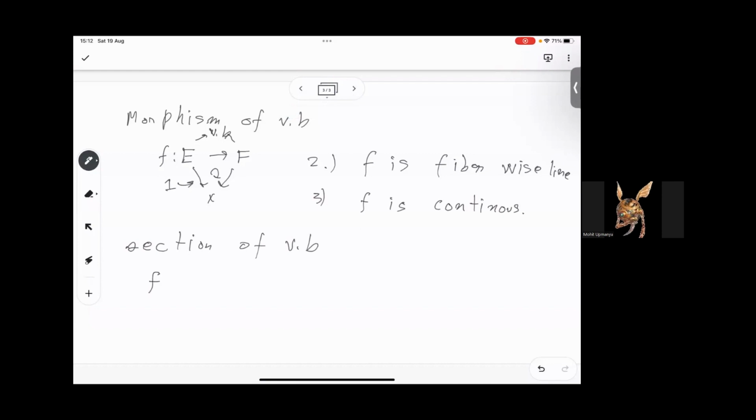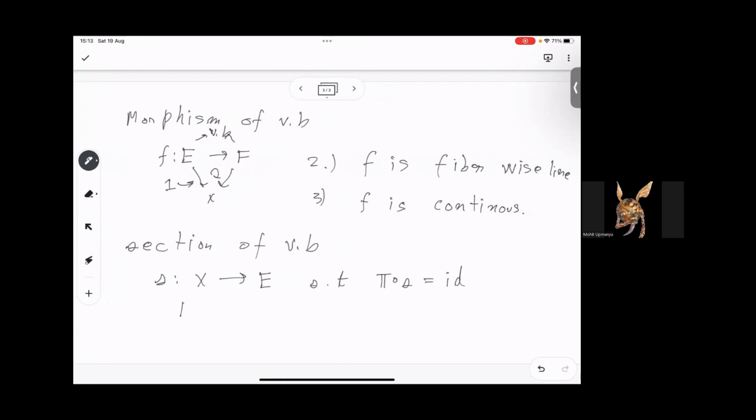would be something like, it's a map from X to E. Of course, E was a vector bundle. X to E such that phi composed with s is equal to the identity.